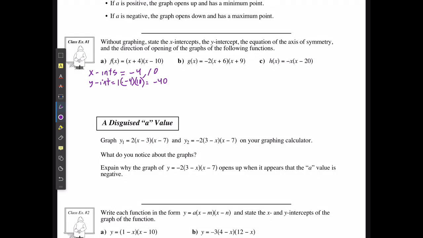The axis of symmetry is going to be when x is equal to -4 plus 10 divided by 2. Or when x is equal to 3. And in this case, a is positive, so it's going to open up.